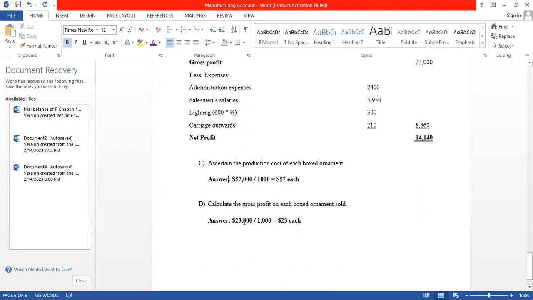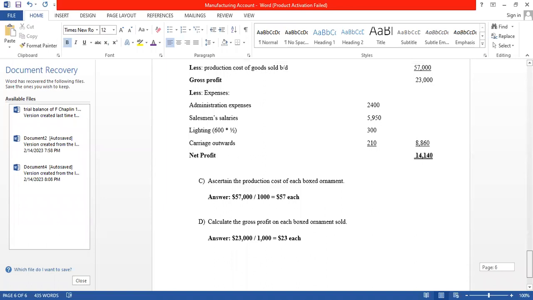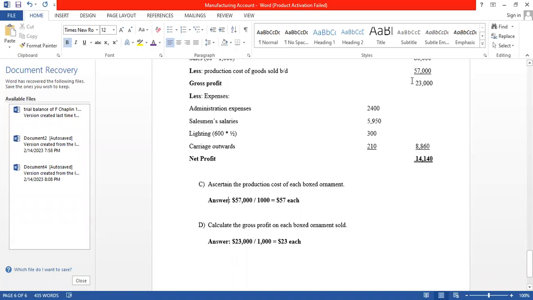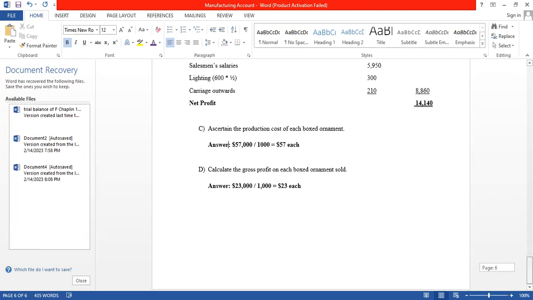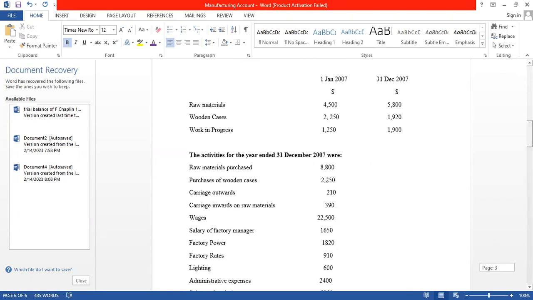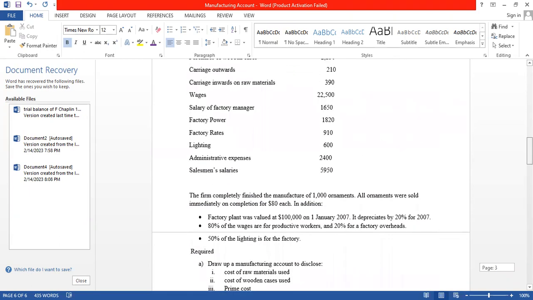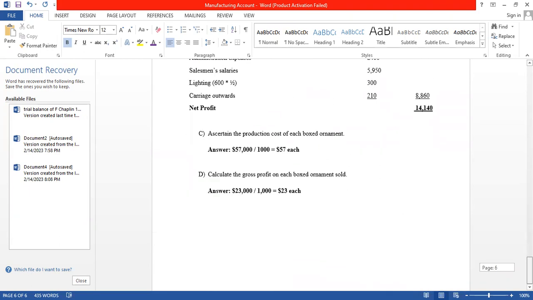What we did was to say $23,000, which is this figure here, the gross profit. So $23,000 divided by 1,000 equals $23 each. And that is D. So this is the ending of the problem, the ending of the question. All right, I hope that you would have learned something today.